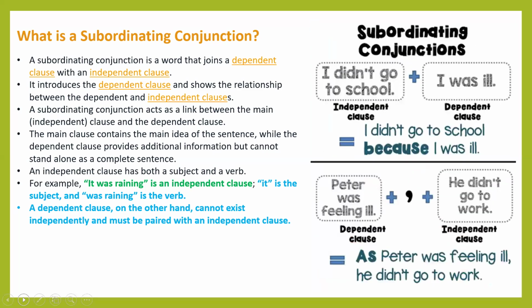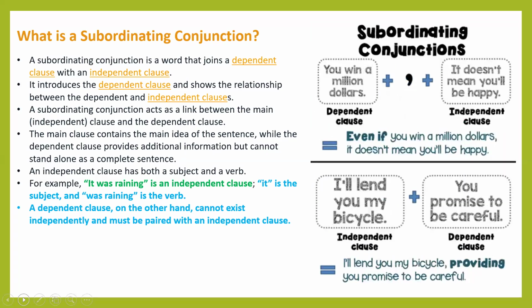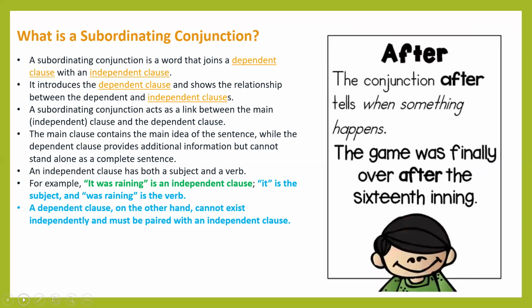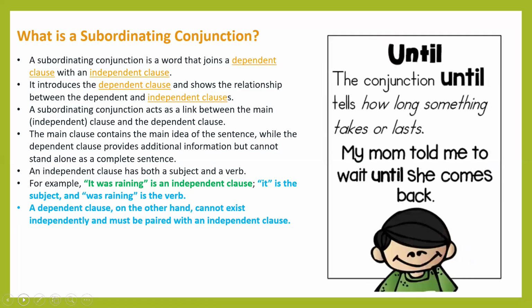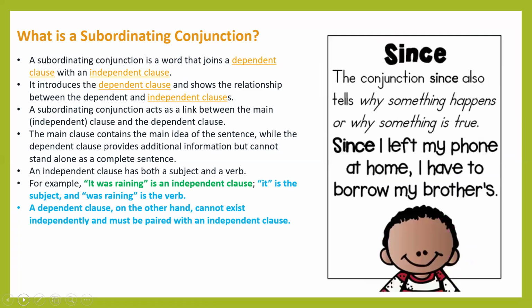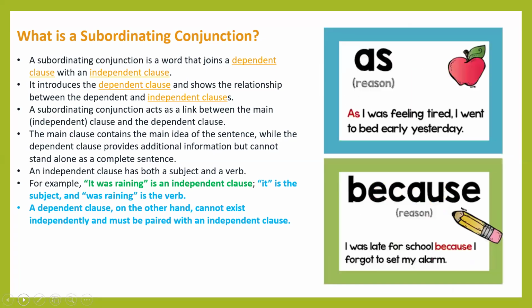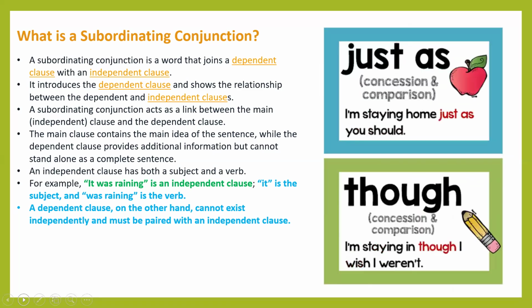It can stand alone. A dependent clause, or subordinative clause, cannot exist independently and must be used with an independent clause, a main clause, a principal clause, and then it gives complete meaning.